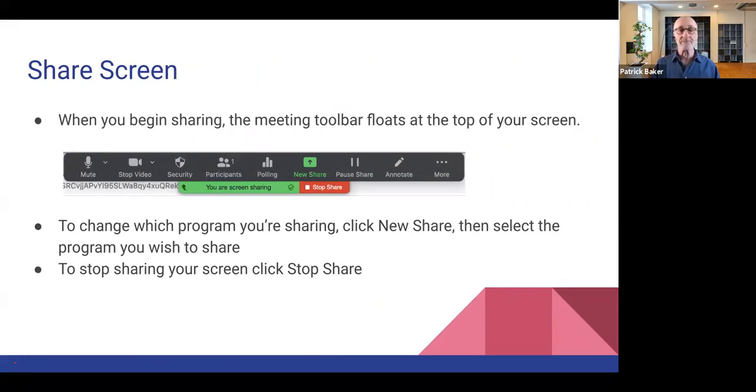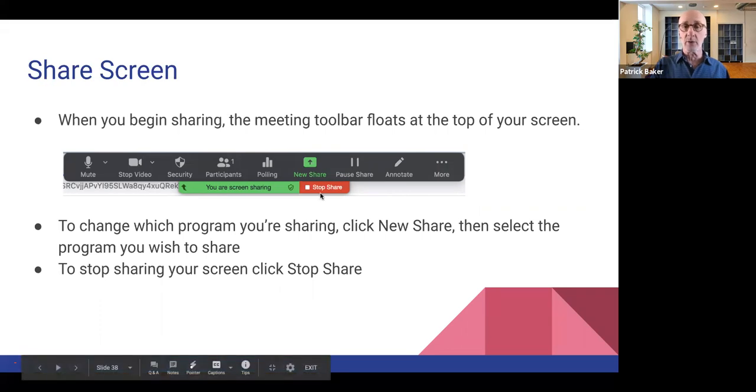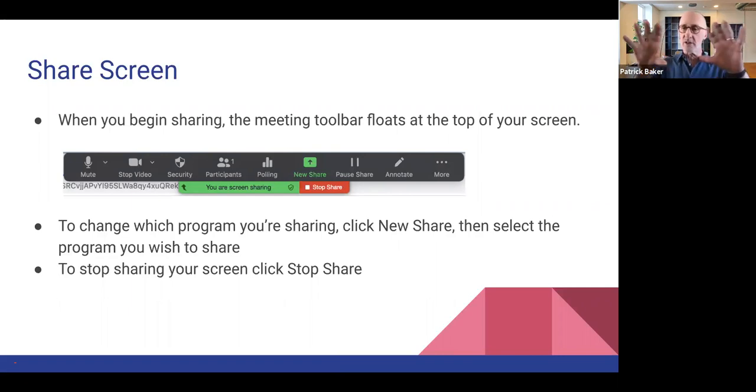And then finally, when I'm finished with my presentation, I can click the stop share, the red button that you see here on the screen, and that would allow me to end the sharing session and just go back to the normal Zoom call, the way that you may be used to seeing it with just the people.